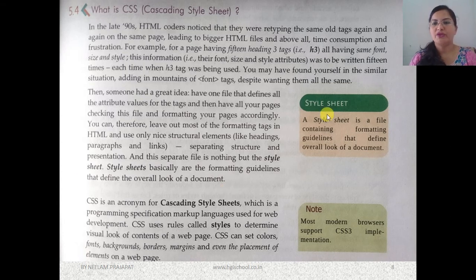So a style sheet is a file containing formatting guidelines that define the overall look of the document. CSS is an acronym of cascading style sheets, which is a programming specification for markup languages used in web development, with all the markups, meaning the tags that we are using in HTML.